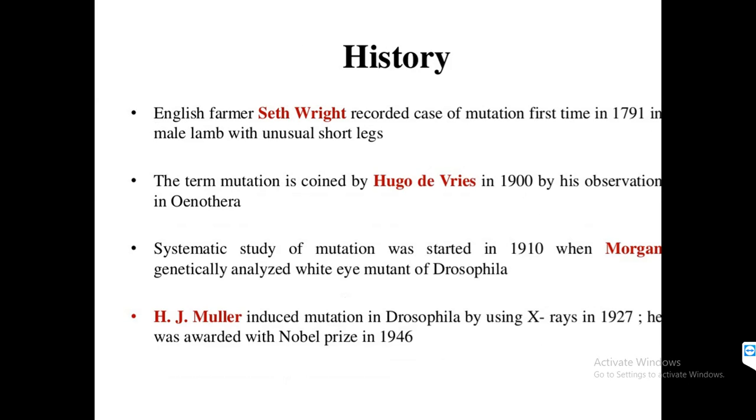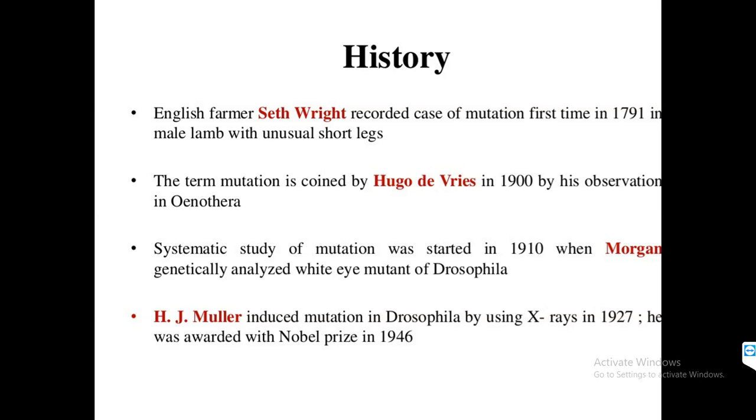Now the history. An English farmer, Seth Wright, recorded a case of mutation for the first time in a male lamb with unusually short legs. So there was a farmer known as Seth Wright in 1791. He was a farmer and he had some sheep with him.